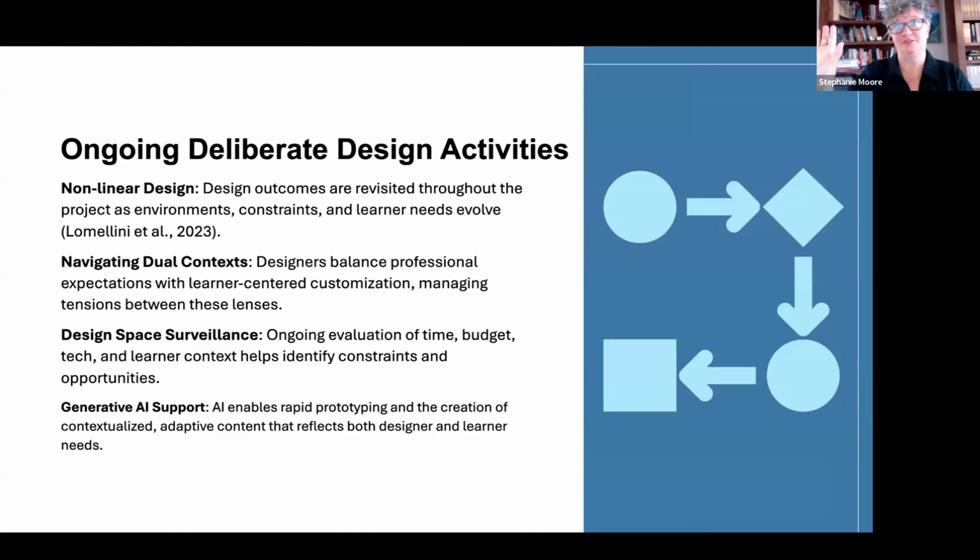So those are early stage. Those are things we can do at the front end. In terms of ongoing, certainly engaging in nonlinear design, where, of course, I think most of us know this from practice. Maybe learned design models sort of unintentionally convey the sense that design is very linear, but in reality, it's highly nonlinear, very iterative.